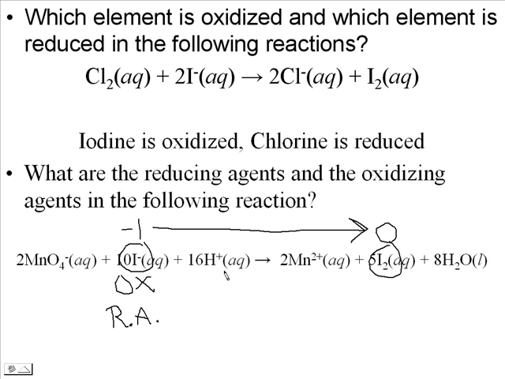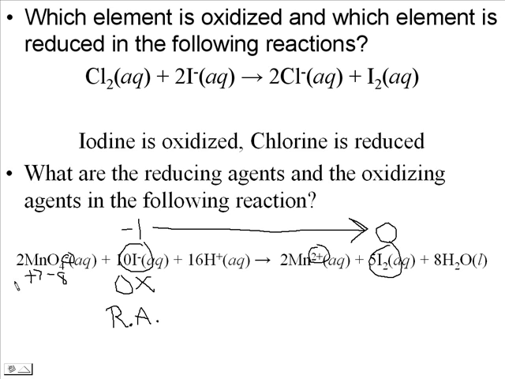Okay? The hydrogen here is +1, over here it's still +1. Oxygen's -2, over here it's still -2. The manganese, though: here -2 times 4 is -8, and we have to get back to -1, so the manganese has to be +7. Over here we can see that manganese is +2.